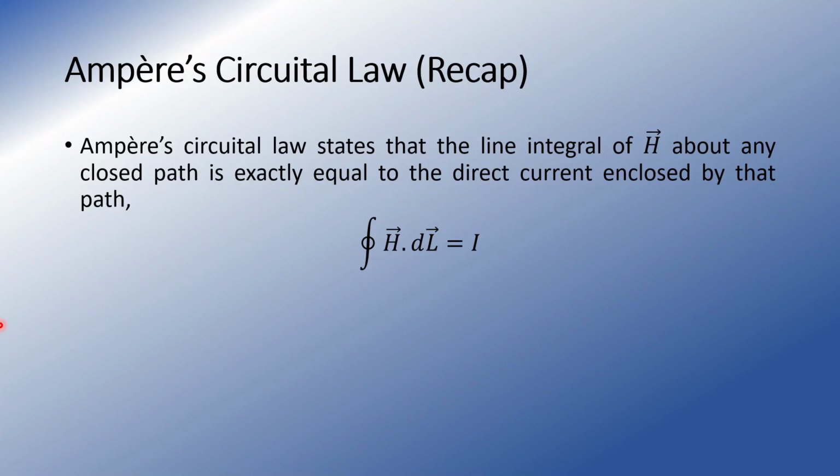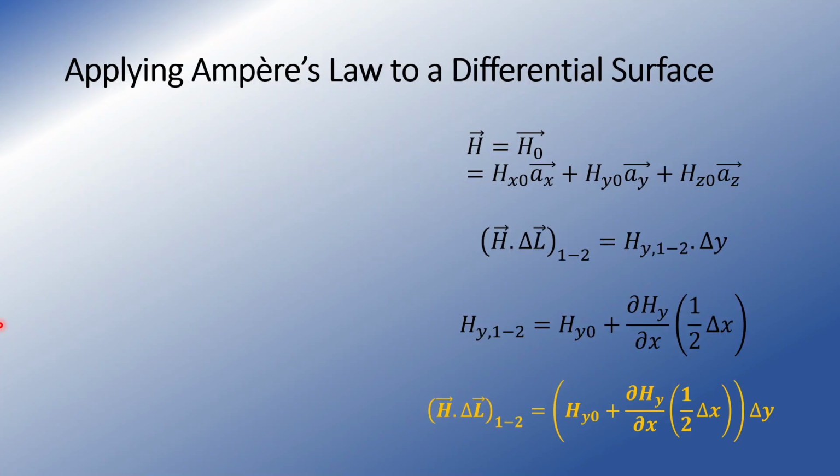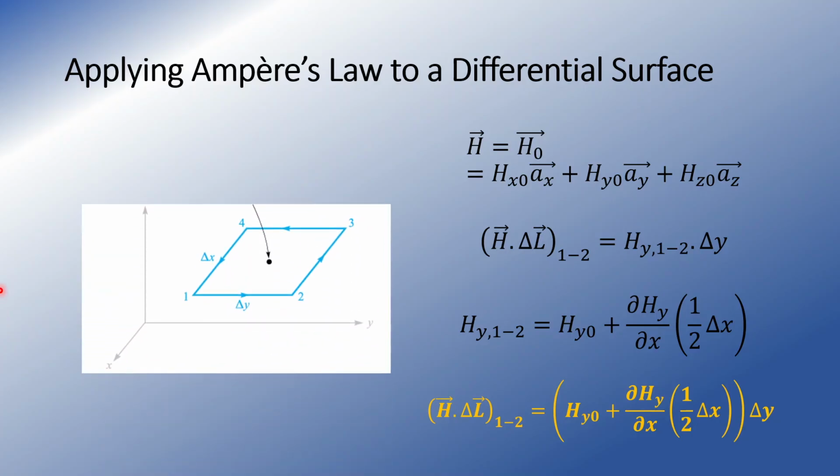So with respect to this Ampere's circuital law, what we will try to do now is take a differential surface whose sides are given by delta x and delta y. This is in the air, parallel to the floor. Now let us say because of some current at the center we get a magnetic field intensity which is given by H naught.